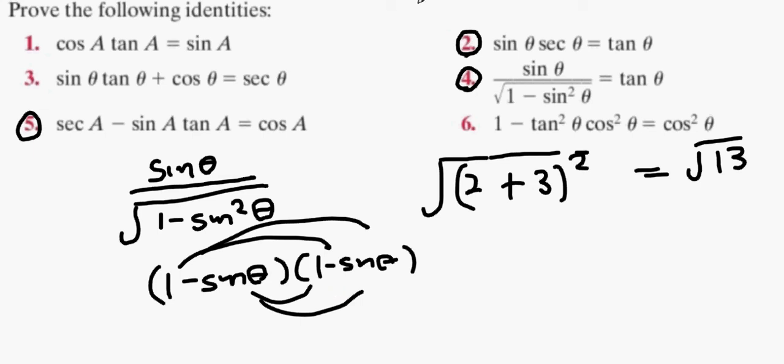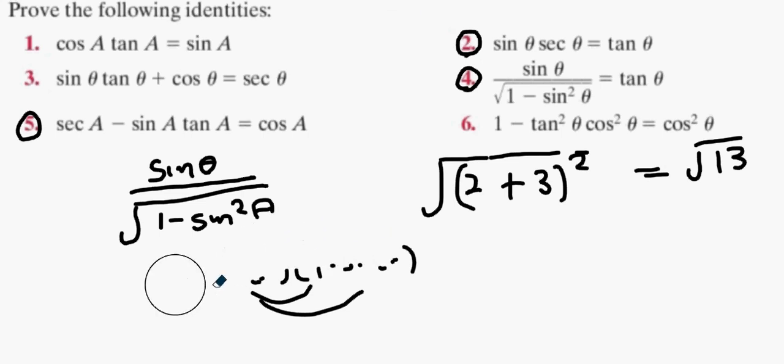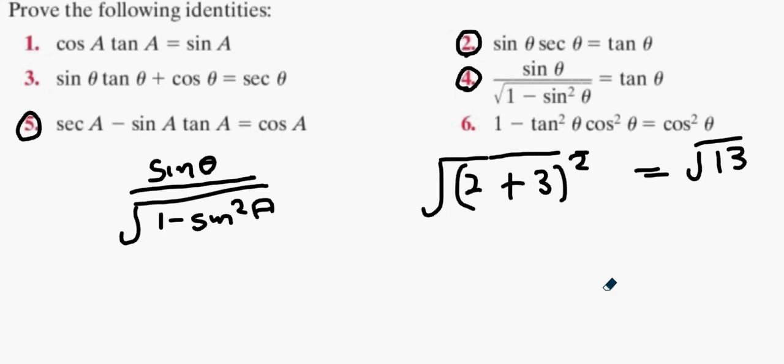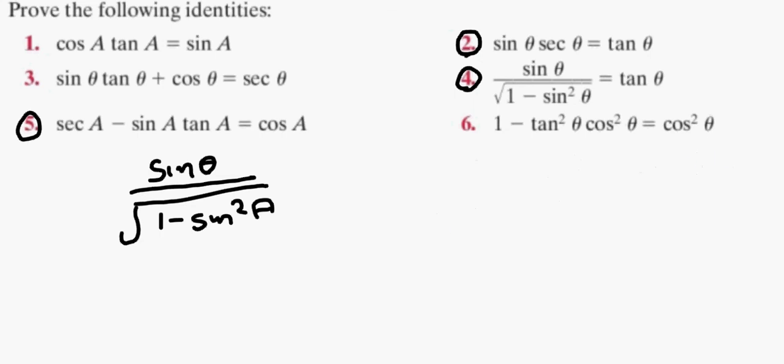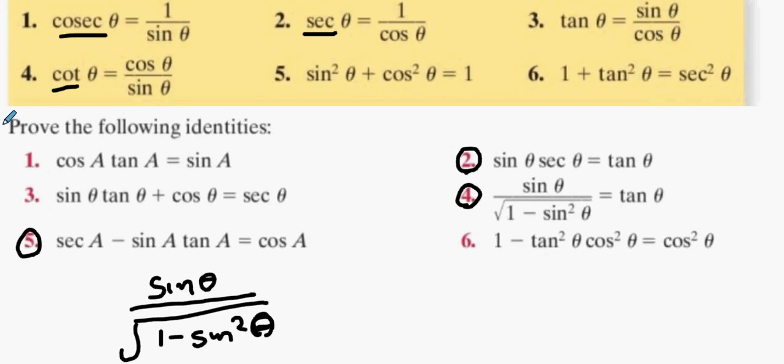Now, what can we do? Well, it's the whole point of this exercise not to use rules that are on top of the board. What rule has sine squared theta in it? Does any rule have sine squared theta in it? Which rule would have sine squared theta in it? 5.